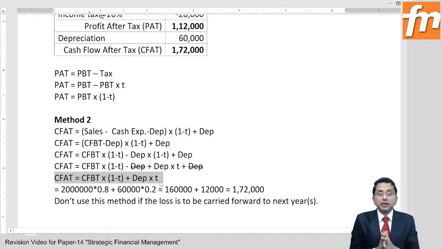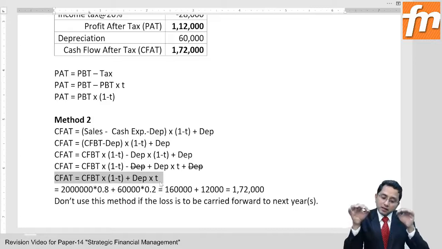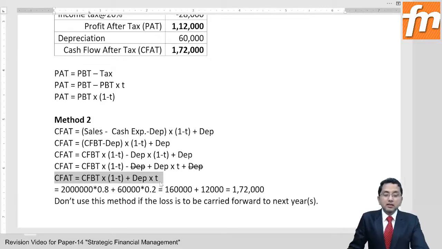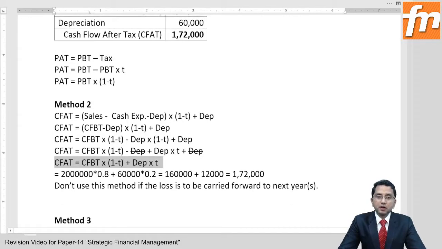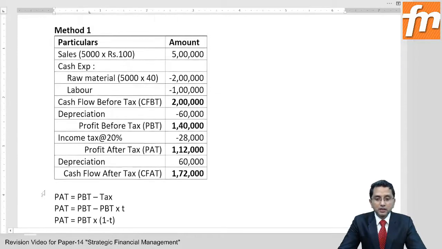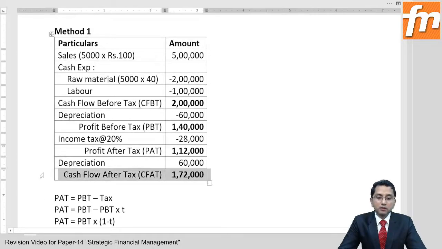It means we are assuming that if there is any loss, we will set it off here itself. Method 2 has inbuilt assumption to not carry forward the loss, but to set it off in the same year. So don't use this method. If the loss is to be carried forward, use first method.